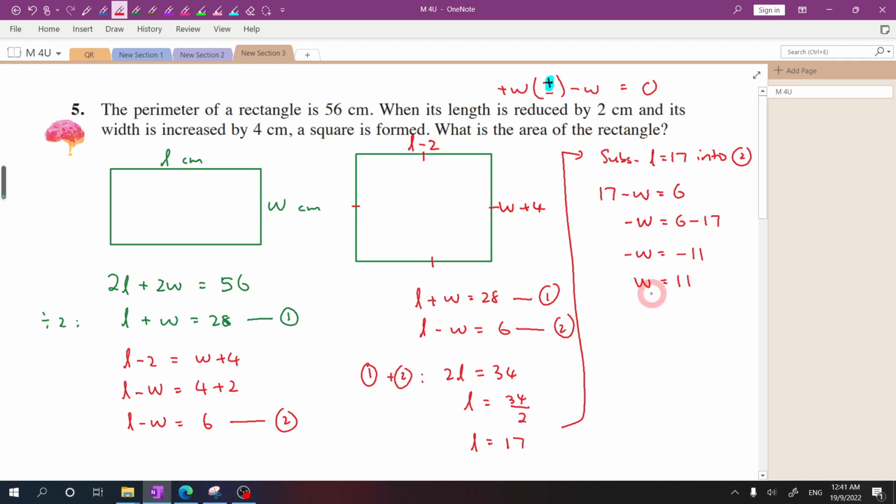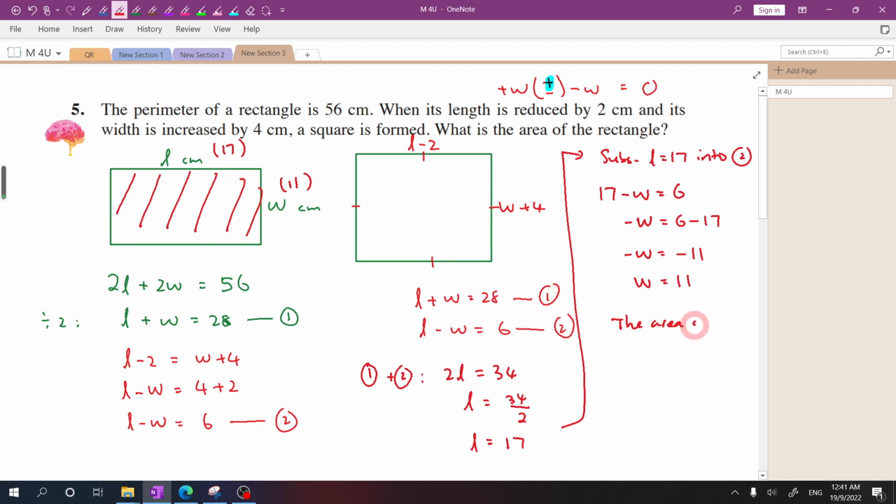But this is not the final answer yet, because the question is asking what is the area of this rectangle. Now we know that L is equal to 17, W is equal to 11. Can you find the area of this rectangle? No problem, right?